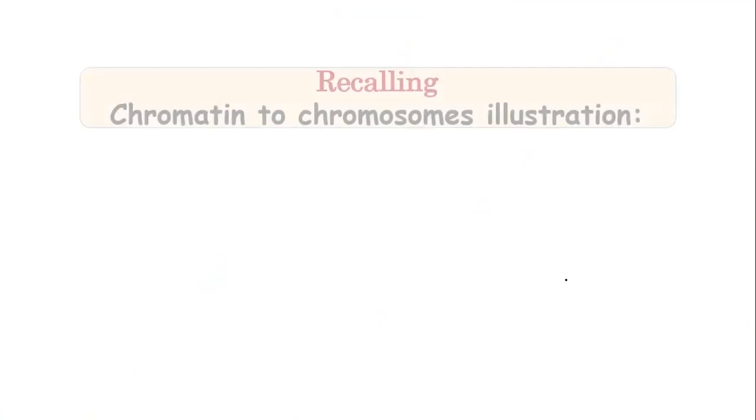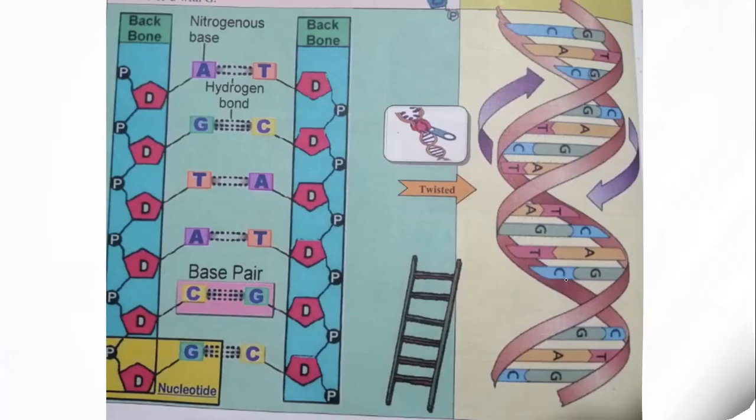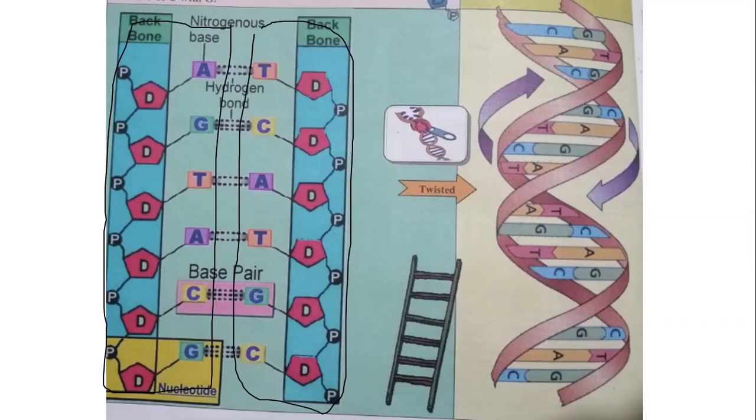You have to know that double-stranded DNA means that we are talking about one chromatid. In mitosis, we have just one chromatid, then it enters interphase to become duplicated.